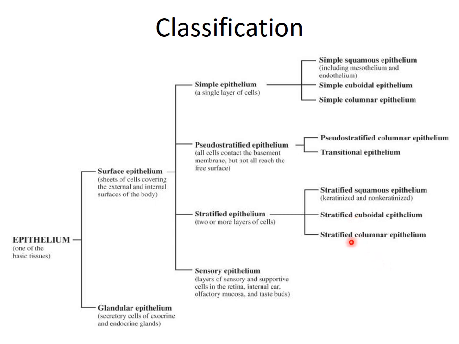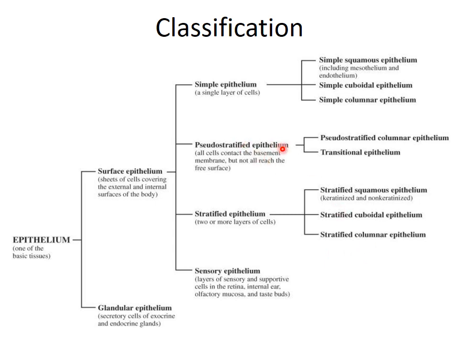In the stratified type, the shape of the surface layer of cells gives its nomenclature. If the surface layer is cuboidal, we call it stratified cuboidal, and if the surface layer is columnar, we call it stratified columnar.